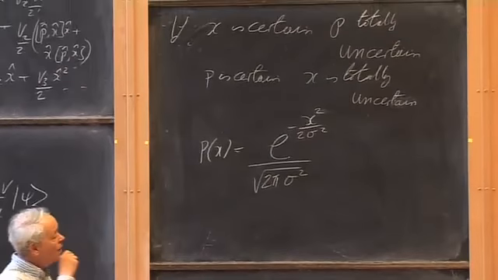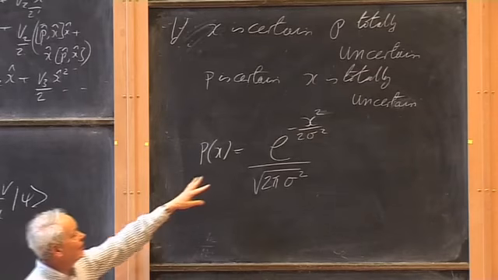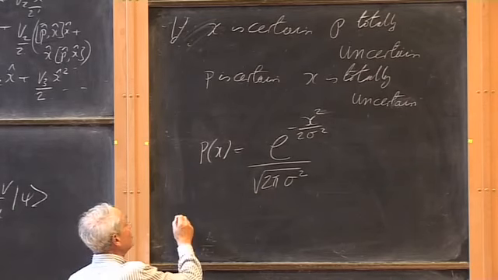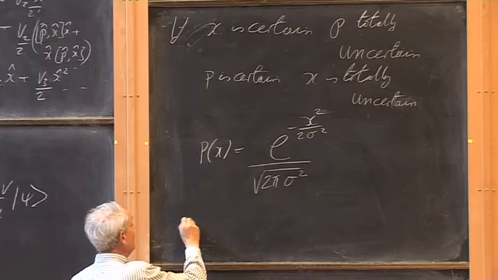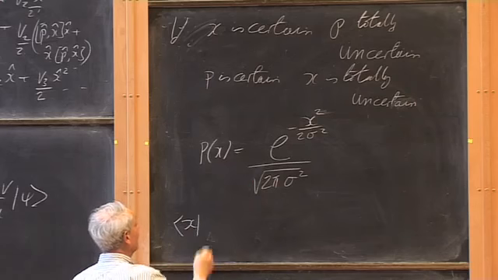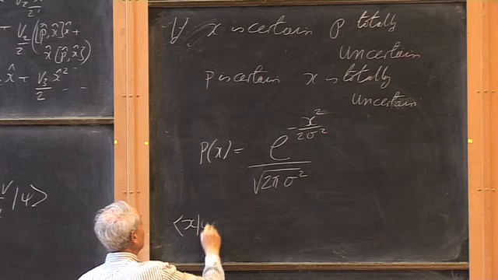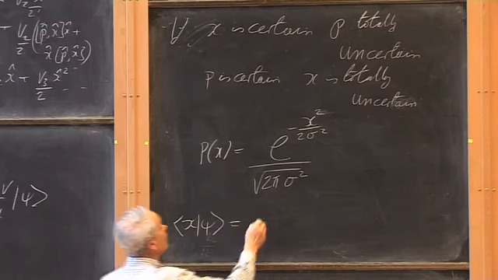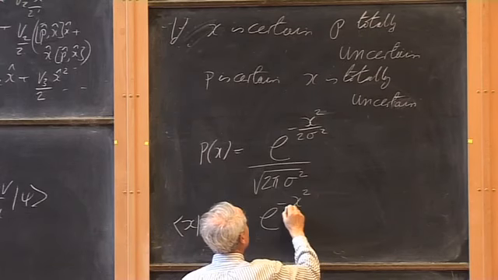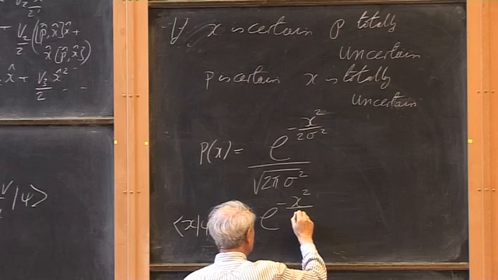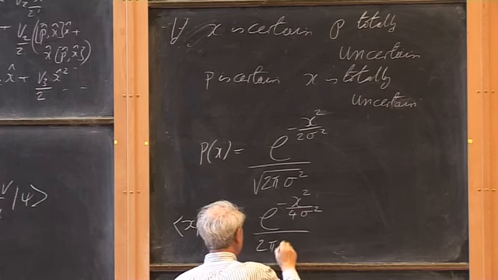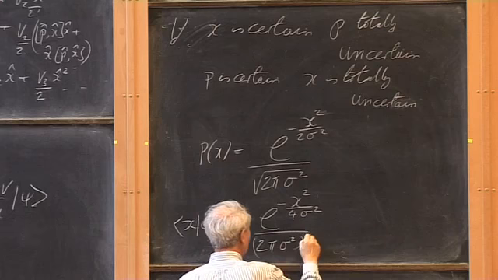We can ask what wave function yields this probability. The answer is essentially a wave function which is the square root of this. There are many possible wave functions because phase information isn't conveyed by the probability, but let's write down this wave function: e to the minus x squared over 4 sigma squared, over 2 pi sigma squared to the quarter power.